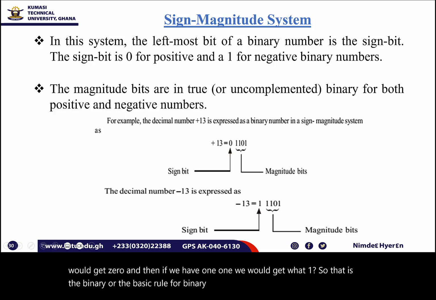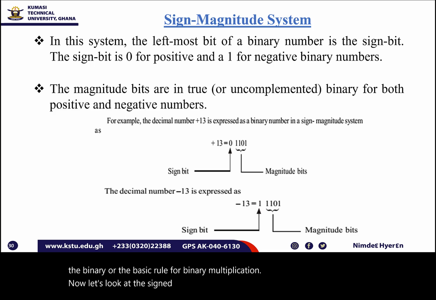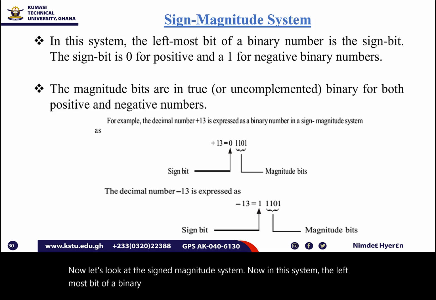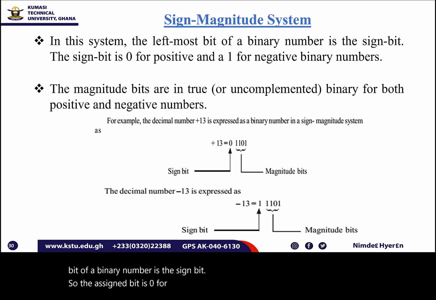Now, let's look at the signed magnitude system. In this system, the leftmost bit of a binary number is the sign bit. So the sign bit is 0 for positive and 1 for negative binary numbers. The magnitude bits are in true or uncomplemented binary for both positive and negative numbers.